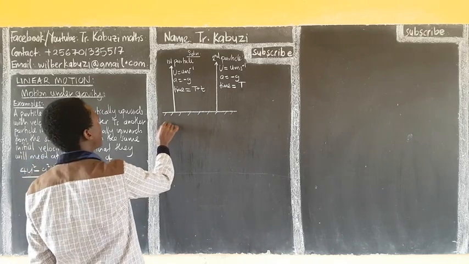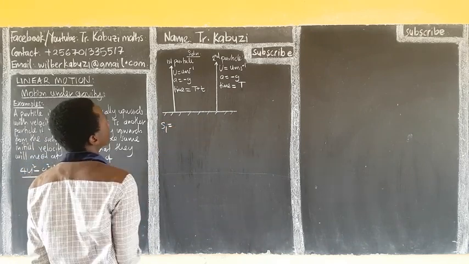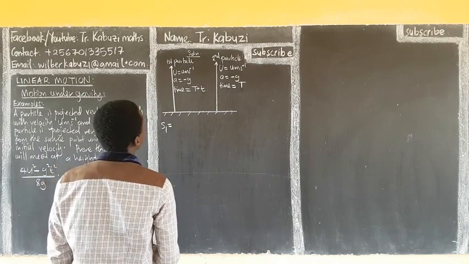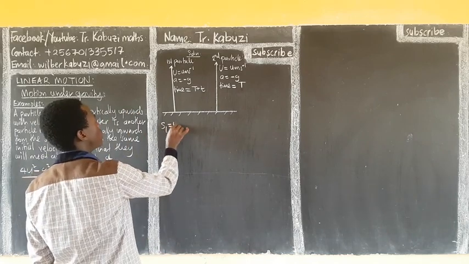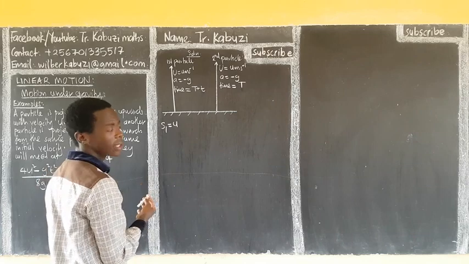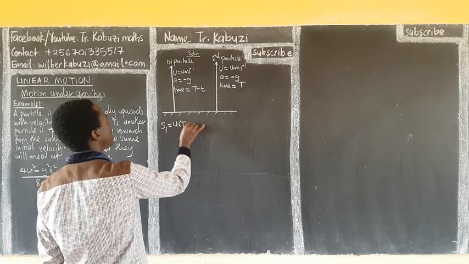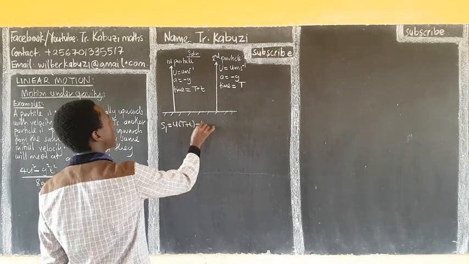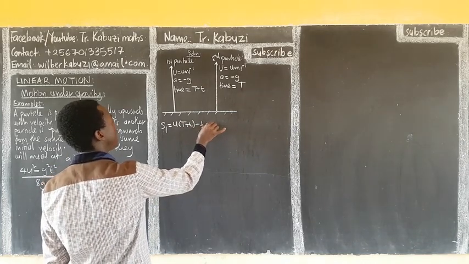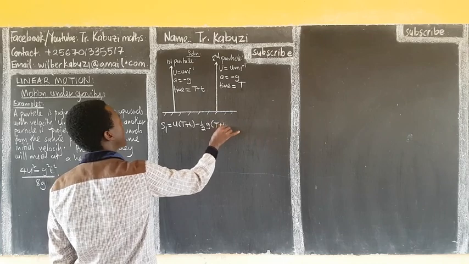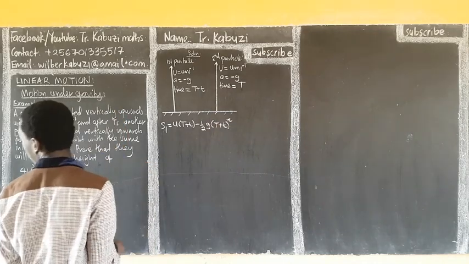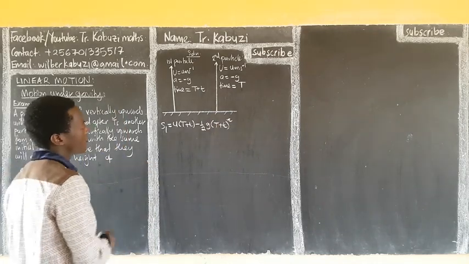The distance for the first particle, S1, is always given by u times the time. So the time is t plus T, then minus half g times (t plus T) squared. This is going to be our distance.